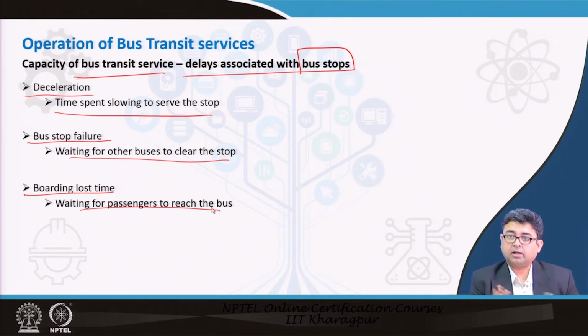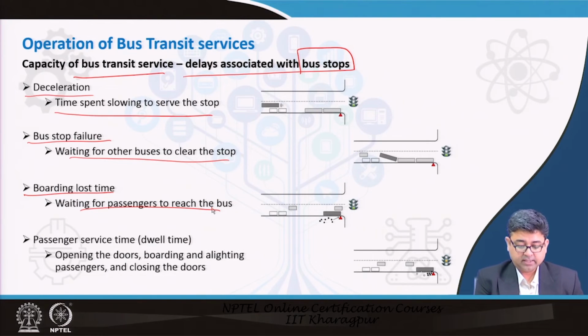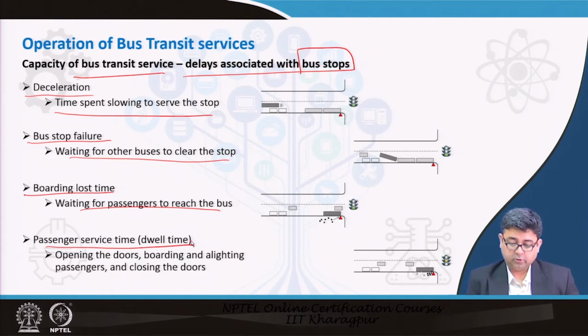If you do not have a bus bay, then you are waiting on the pavement, and there is some time lag for the passengers to come out of the bus stop, onto the pavement and then access the bus. That is boarding lost time. And then passenger service time, which is the dwell time, which you already know about.